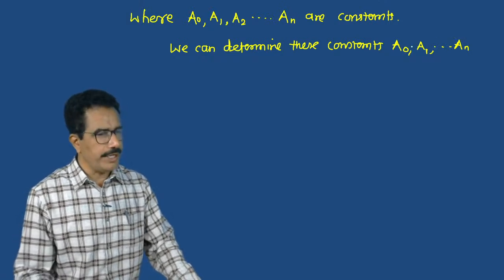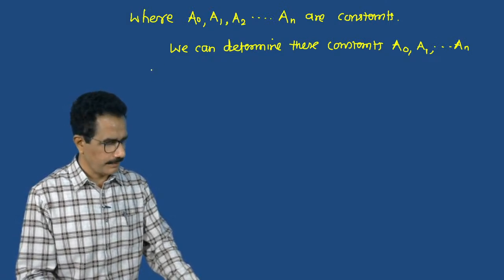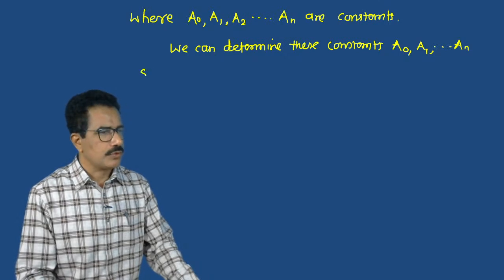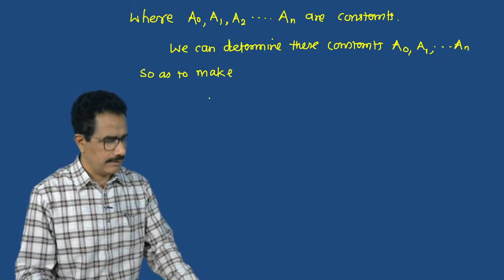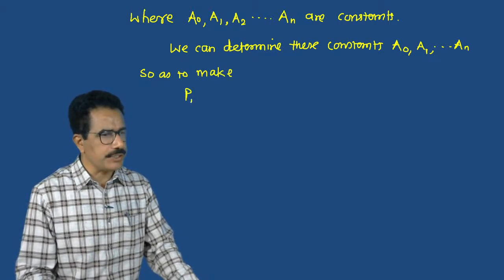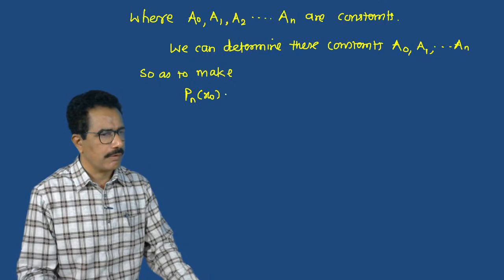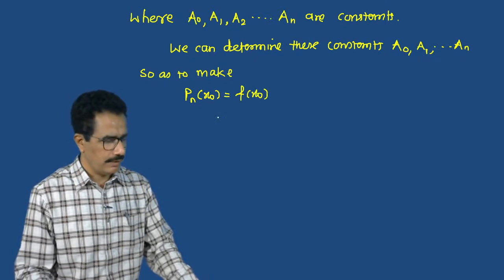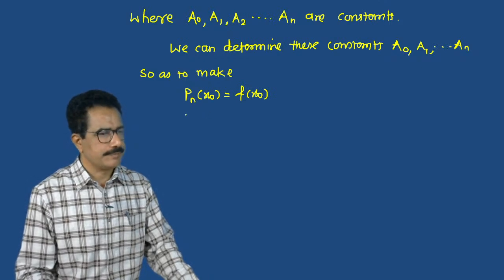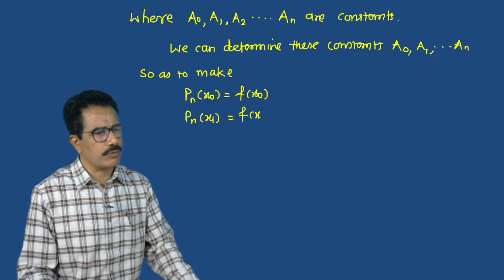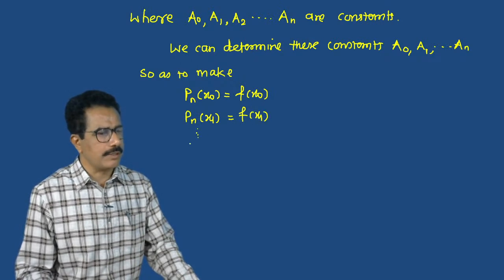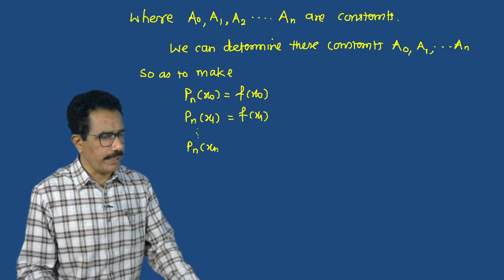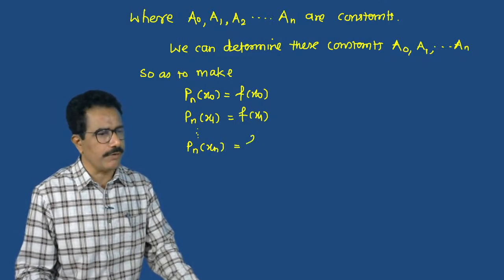So we have to choose them so as to make Pn of x0 equal to f of x0, Pn of x1 equal to f of x1, dot dot dot Pn of xn equal to f of xn.